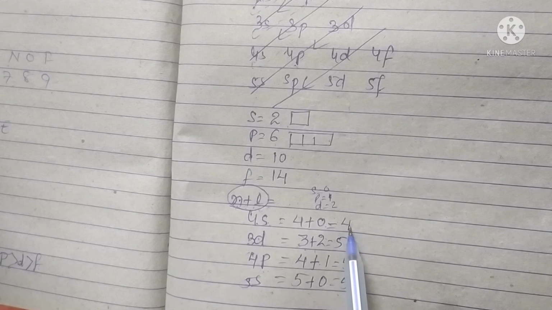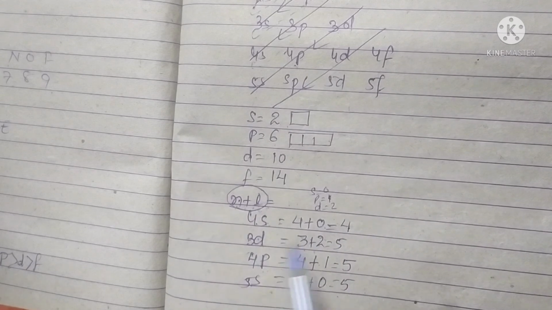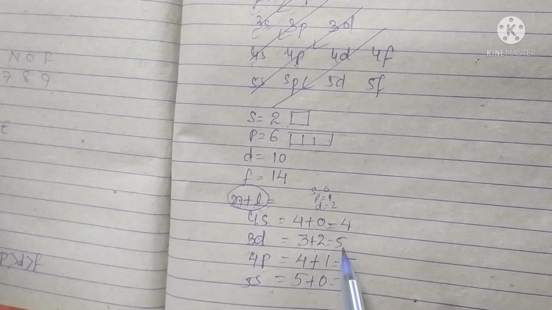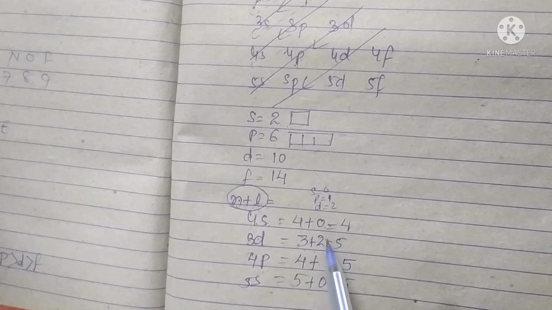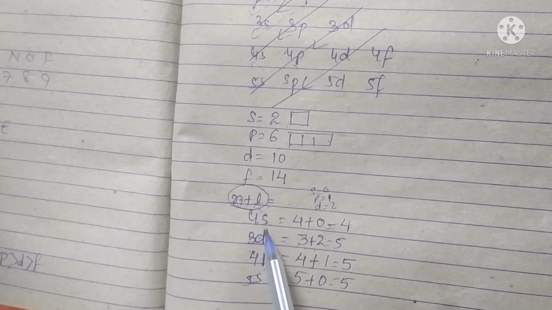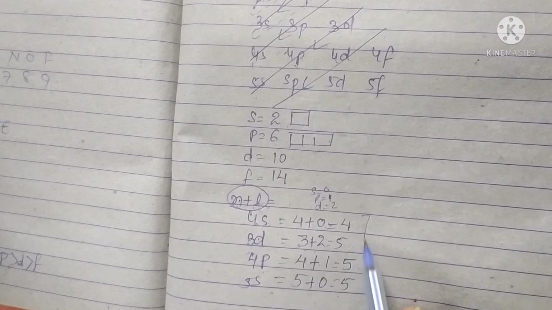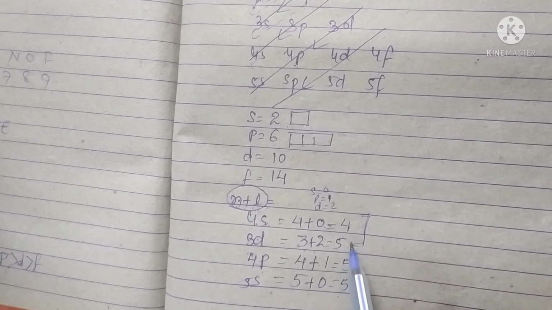If we add it, it comes to 4. Similarly, for 3d, the value of n is 3, and for d, the azimuthal quantum number value is 2, so it is 5. According to the n plus l rule, the lower the value of n plus l, the less energy the orbital has. That is why the 4s orbital is filled first, then 3d is filled. So in this pair, 4s has less energy.